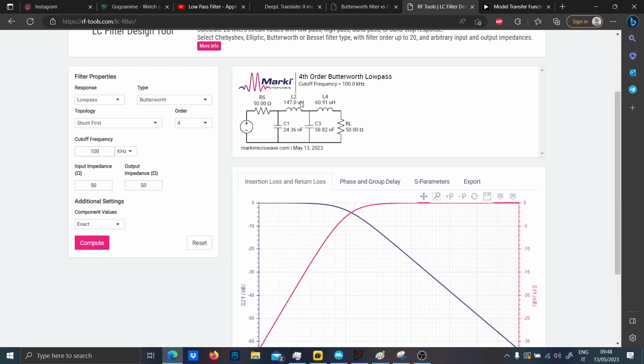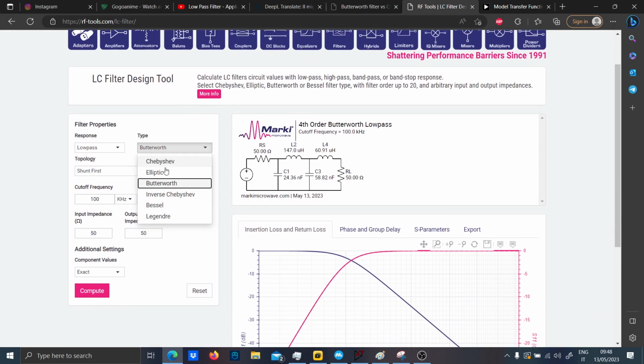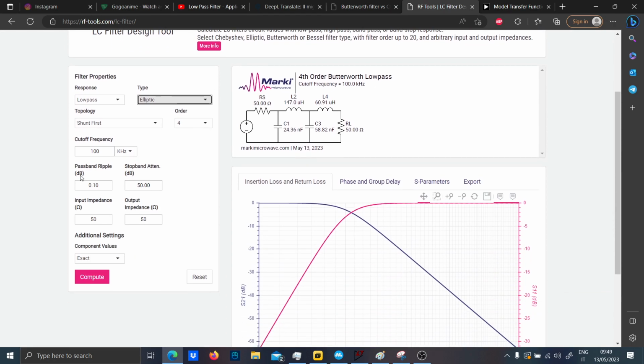So I can give you an example of an RF tool. If you have the elliptic and you use the cutoff frequency, for instance, of 1632 megahertz, you put also an elliptic of 6th order, low pass type, and you compute it.